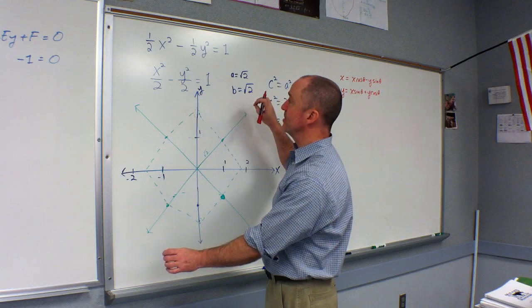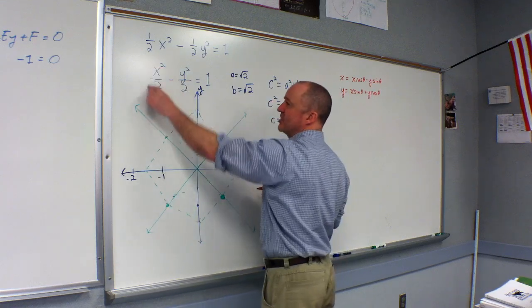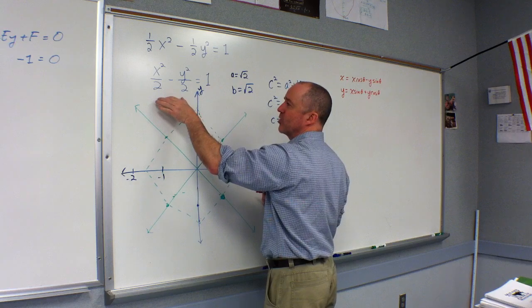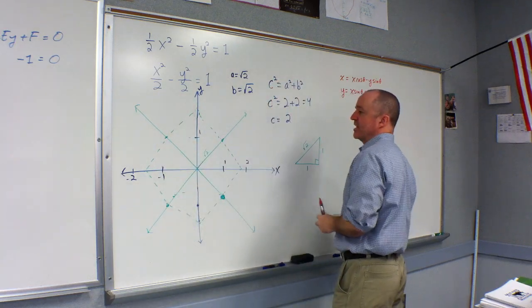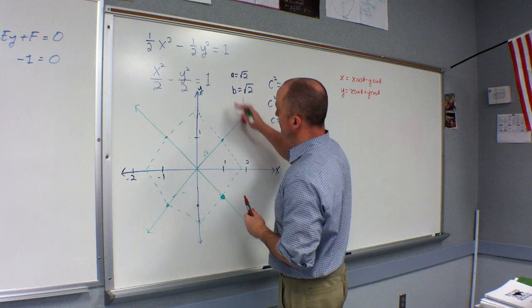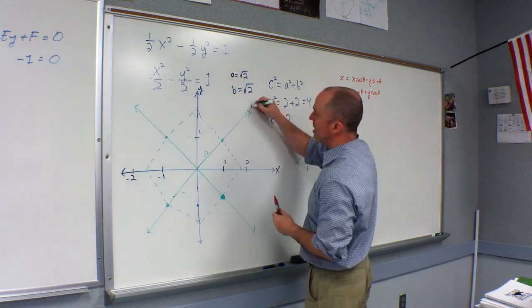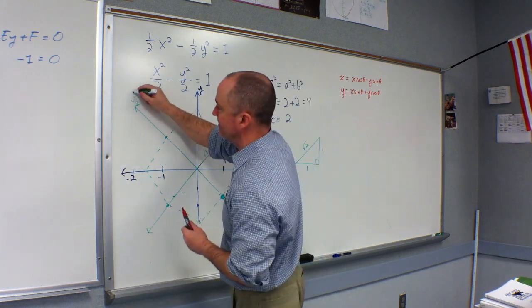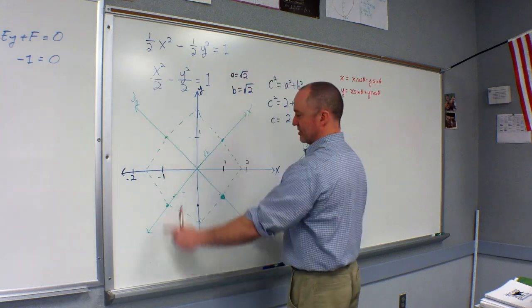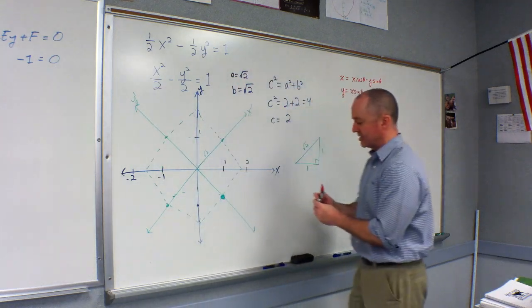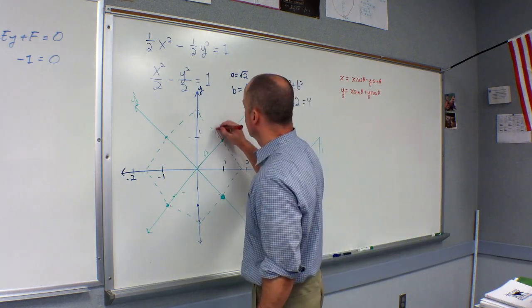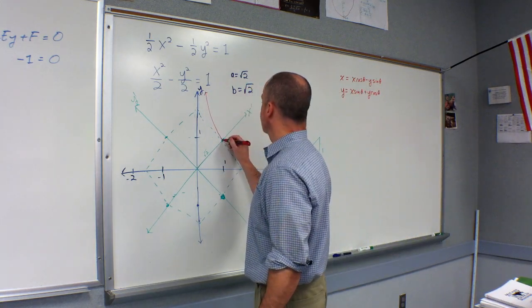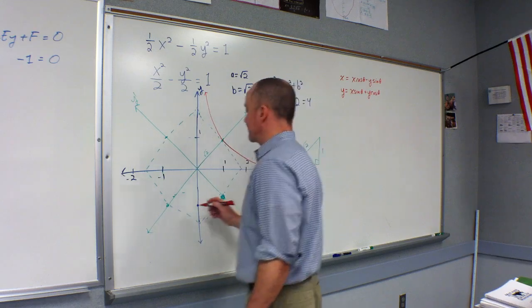The x term is positive, so if this weren't rotated, it would go through the x-axis. Since it is rotated, the wings of my hyperbola are cut by the x prime rotated axis instead of by the x-axis. So the actual hyperbola uses the original y-axis and the original x-axis as its asymptotes.